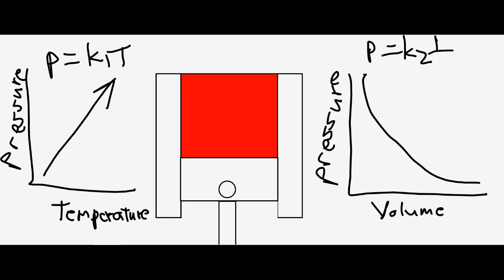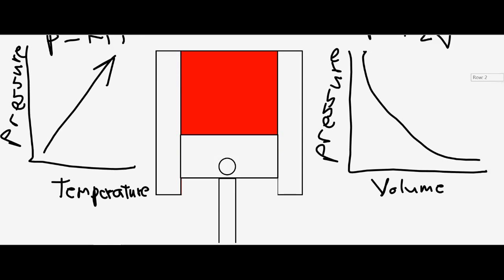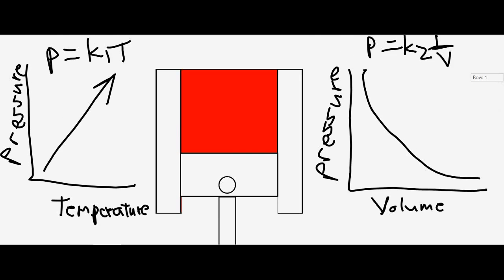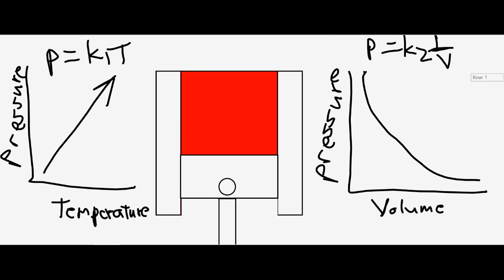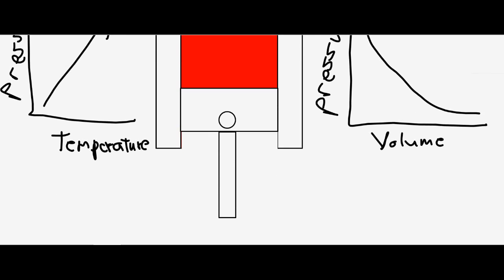But it's going to be K times 1 over the volume because we have an inverse relationship here. A lot of times you will look at that in terms of putting them all together. So we will say that P equals some constant, different than the other two constants, times the temperature divided by the volume.